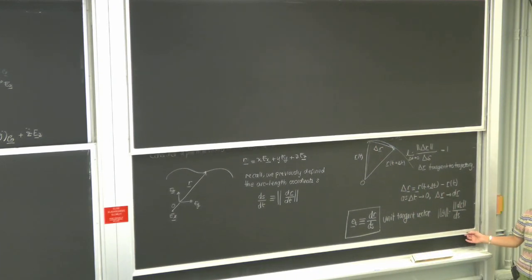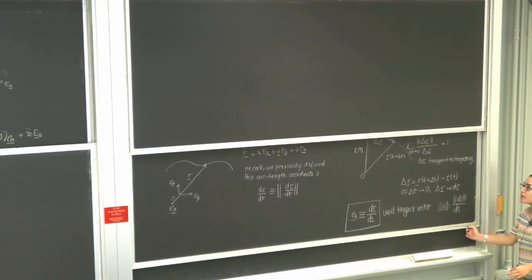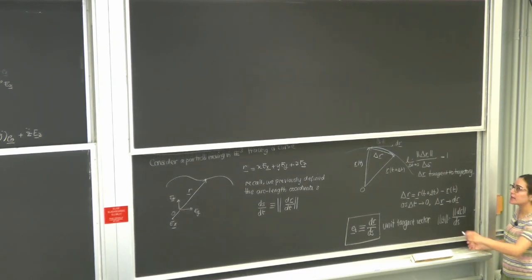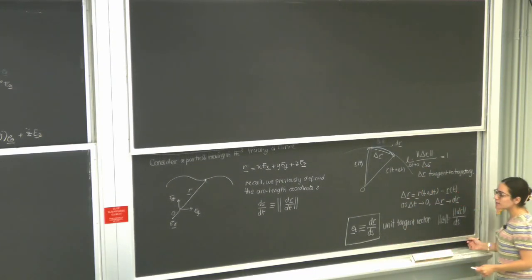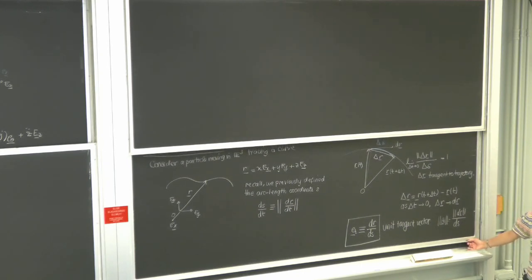Does that make sense? So again, does that make sense that e_t is a unit vector? Yeah, any questions? Okay, so e_t is a unit vector, and by a similar argument, e_t is tangent to the trajectory. So e_t is our unit tangent vector. Okay? Any questions?